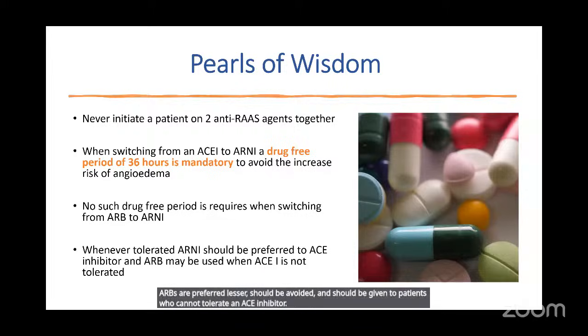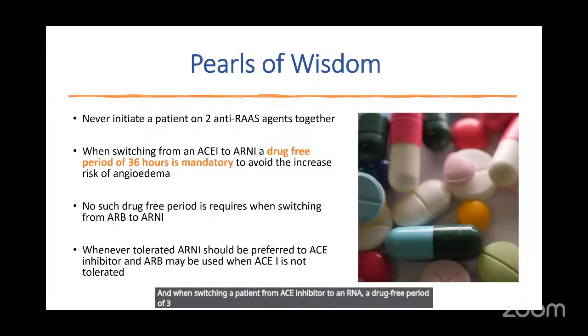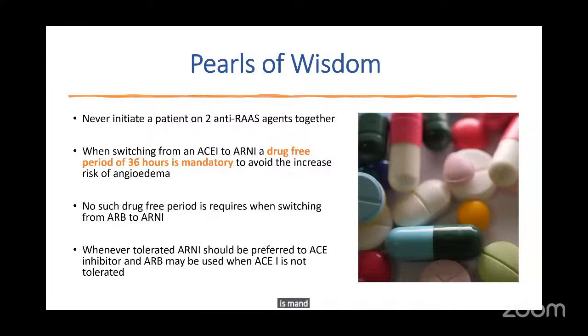The most fundamental principles with RAS agents are that both ACE inhibitor and ARNI should not be given to the same patient at the same time. And when switching a patient from ACE inhibitor to an ARNI, a drug-free period of 36 hours is mandatory. It is crucial to avoid angioedema.